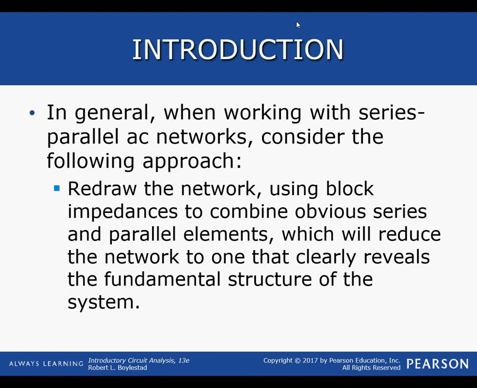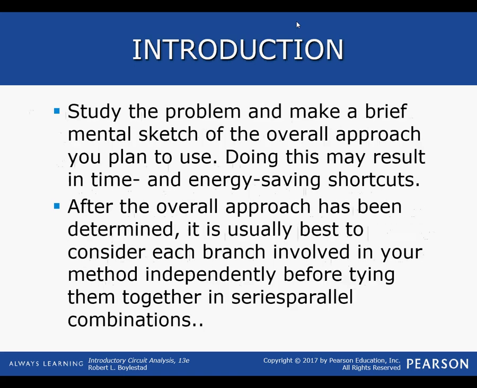So when working with series parallel AC networks, consider the following approach: redraw the network using block impedances to combine obvious series and parallel elements, which will reduce the network to one that clearly reveals the fundamental structure of the system. Study the problem, make a brief mental sketch of the overall approach you plan to use.